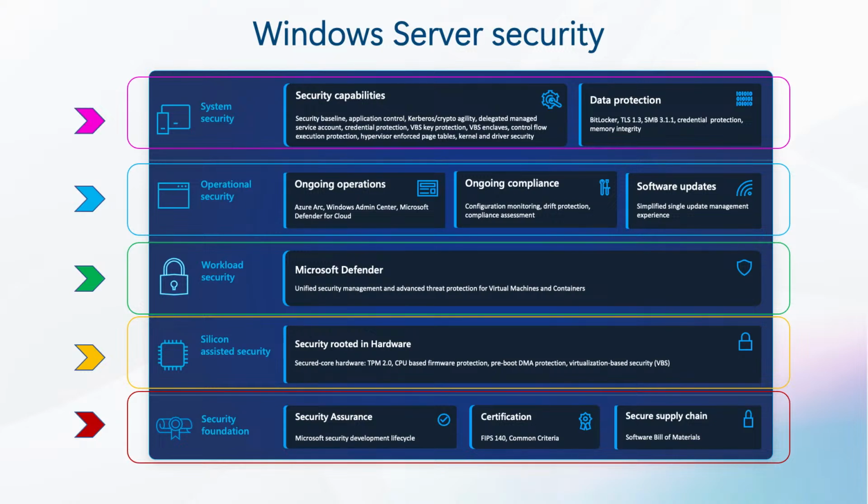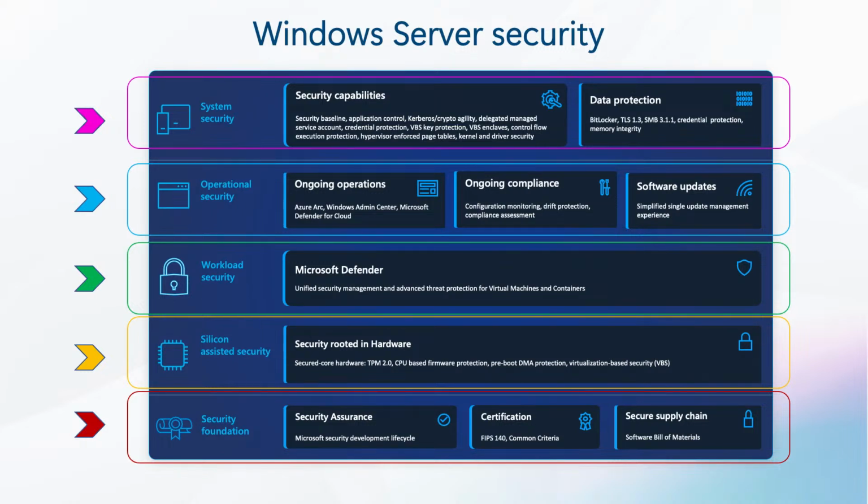When you enable Azure Arc on your Windows Server, you can more tightly integrate with a number of Azure services. For instance, you can use Azure Policy to do a compliance assessment of your Windows Server against industry standards and security baselines. And you can do that at scale across your entire fleet.